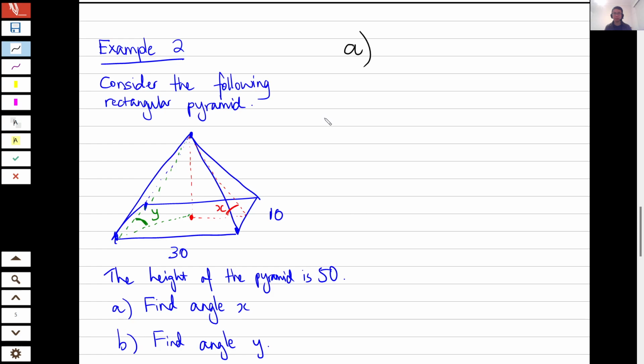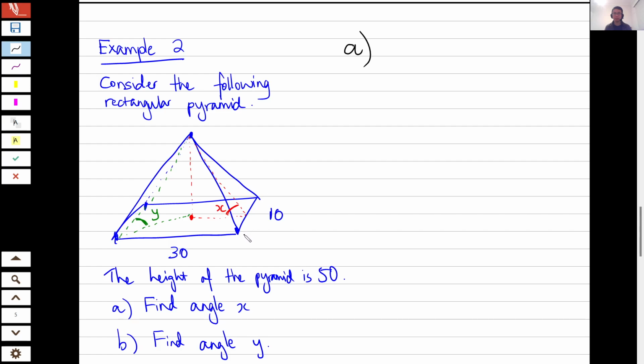just a few things to clarify about this question. This red dot here is directly underneath the apex of the pyramid, and it's directly in the middle of this rectangular base, which has dimensions 10 by 30. And this line here is halfway along this direction.